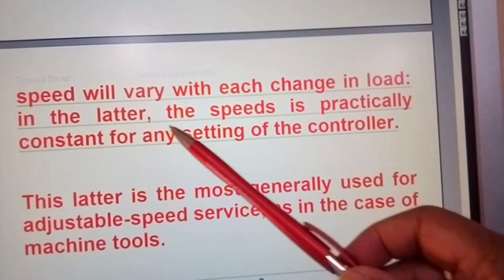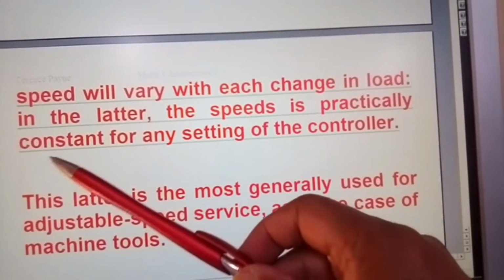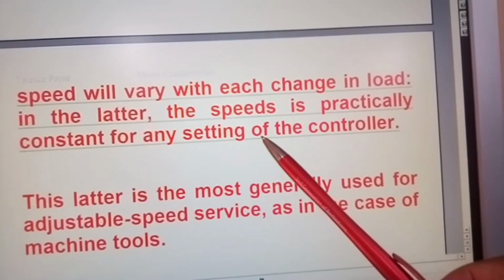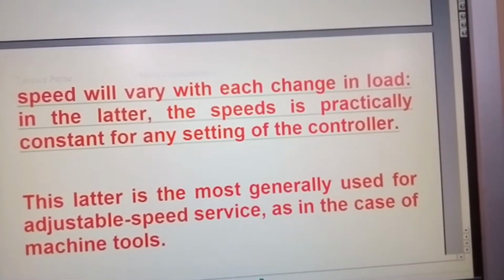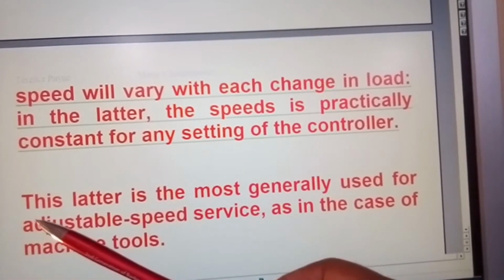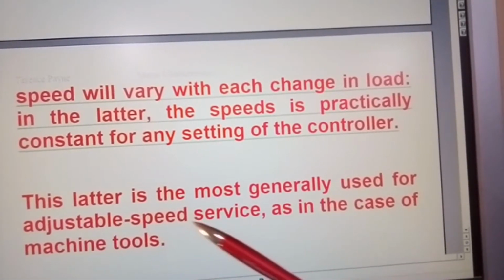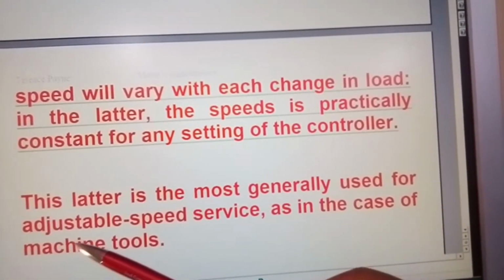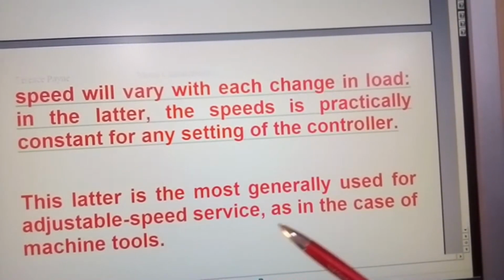In the latter, the speed is practically constant for any setting of the controller. This latter is the most generally used for adjustable speed service, as in the case of machine tools.